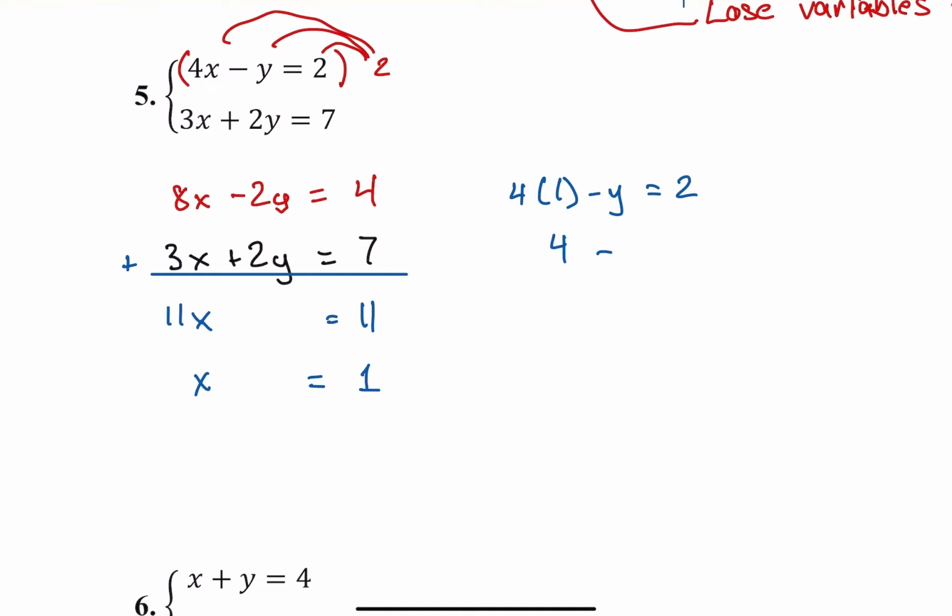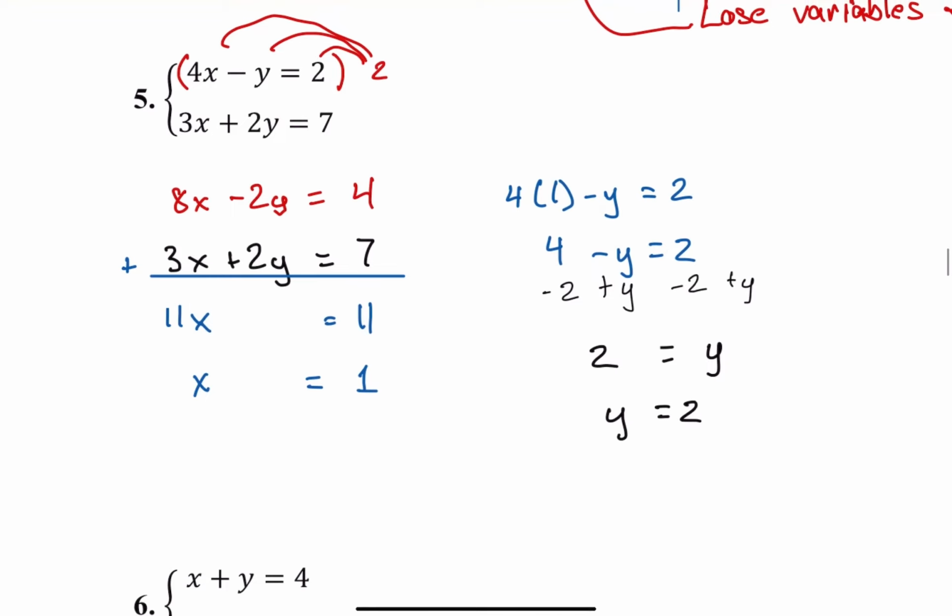So 4 minus y is equal to 2. I'll add y and subtract 2. I find that 2 is equal to y, or y is equal to 2.